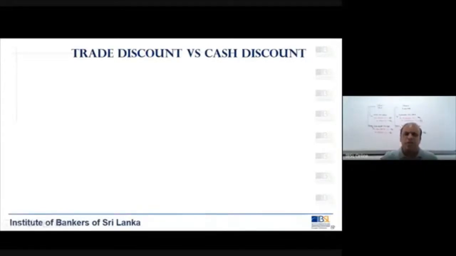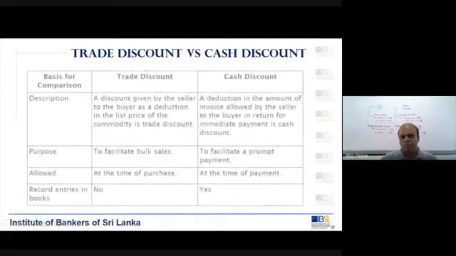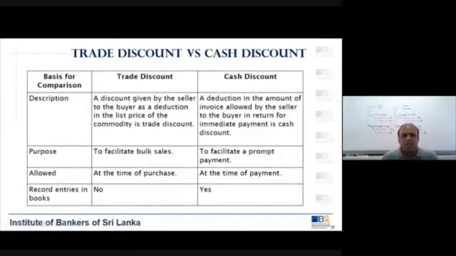So the discount takes two forms. One discount is called trade discount, whereas the other discount is known as cash discount. This summary gives you an idea of what a trade discount and a cash discount are.